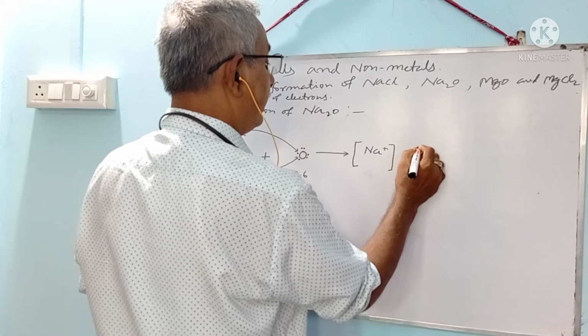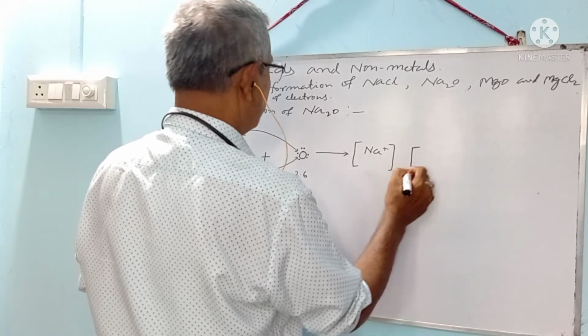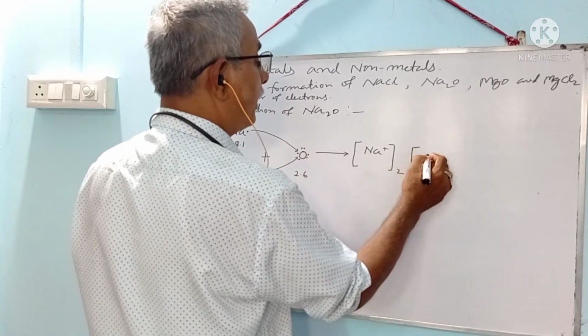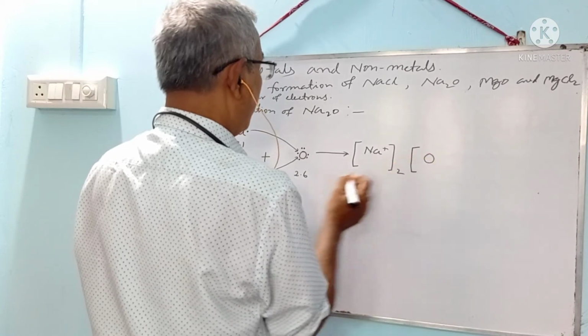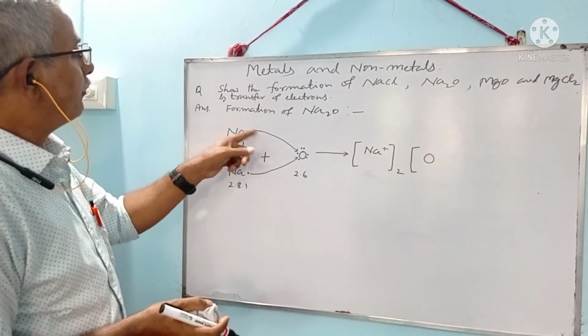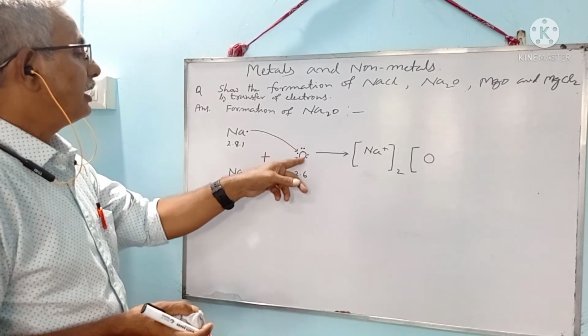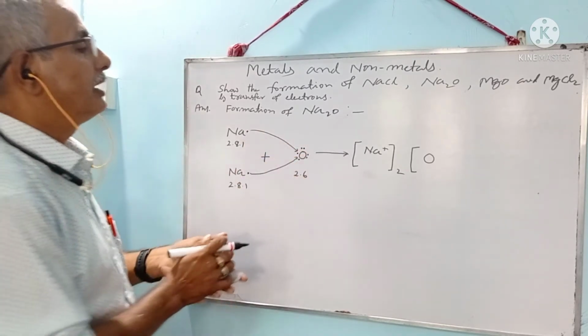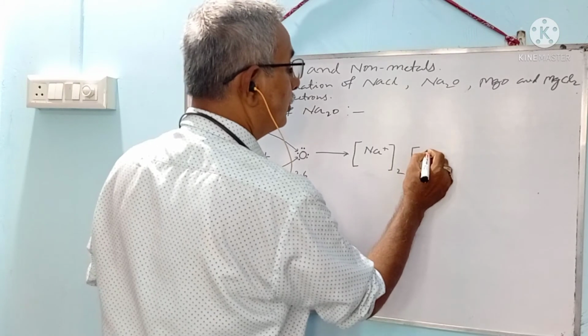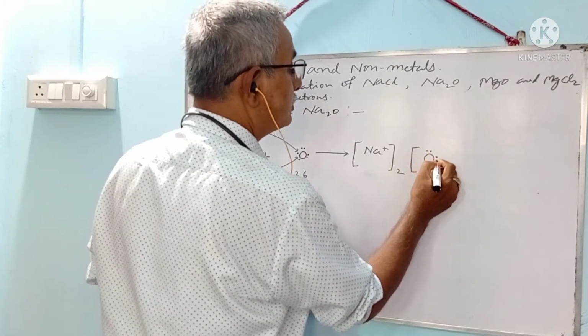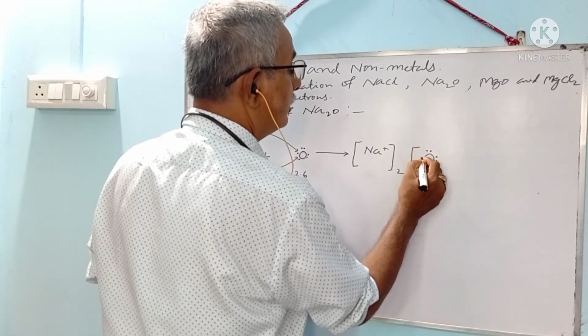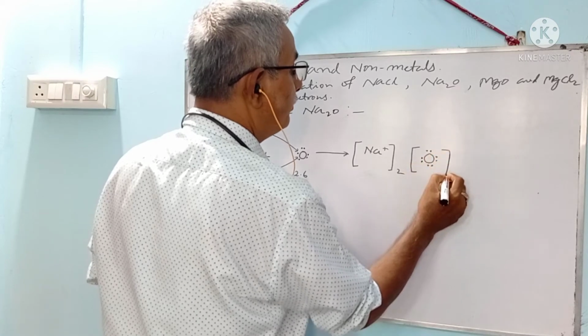Now here you see, for sodium, while oxygen, what happens? Already one electron from here, one electron from this sodium. So all together oxygen has now 8 electrons. So you mention 8 electrons. You tell it becomes what?